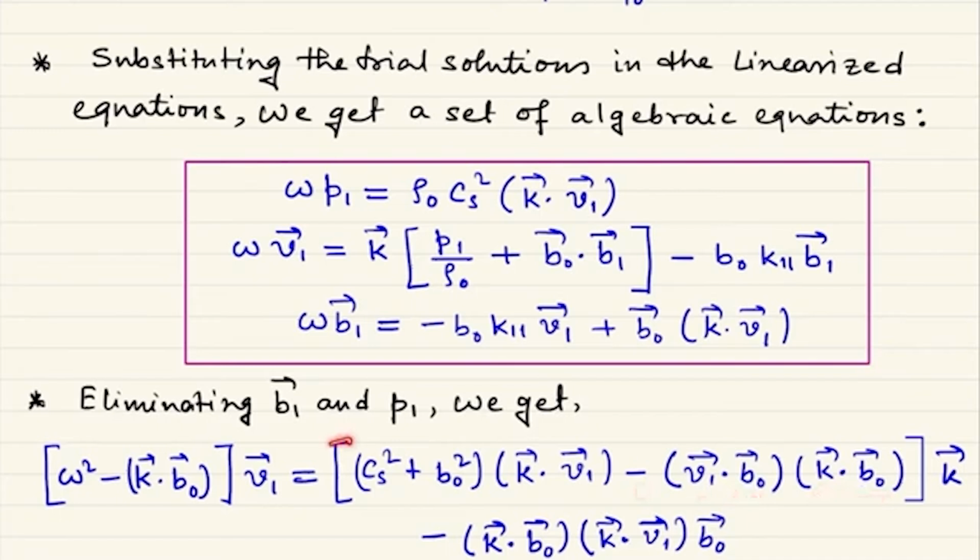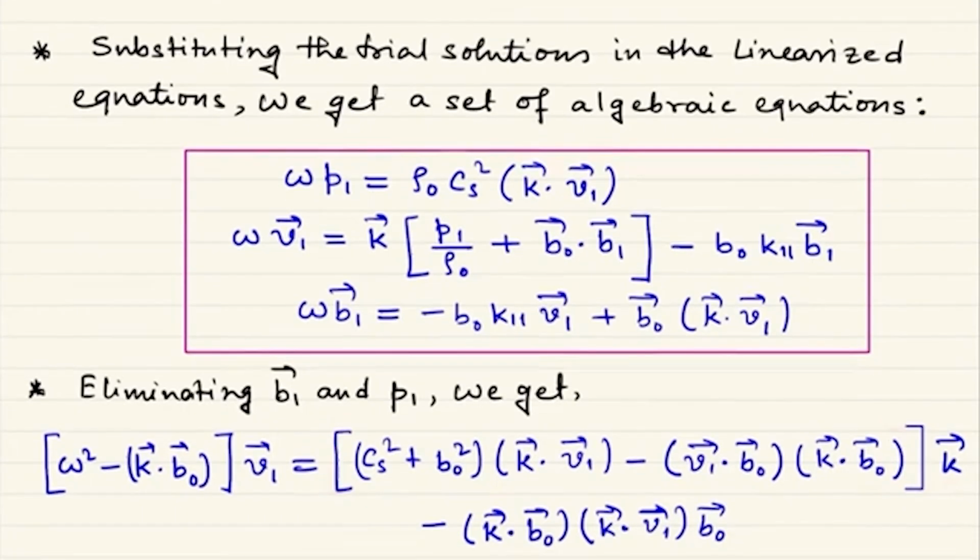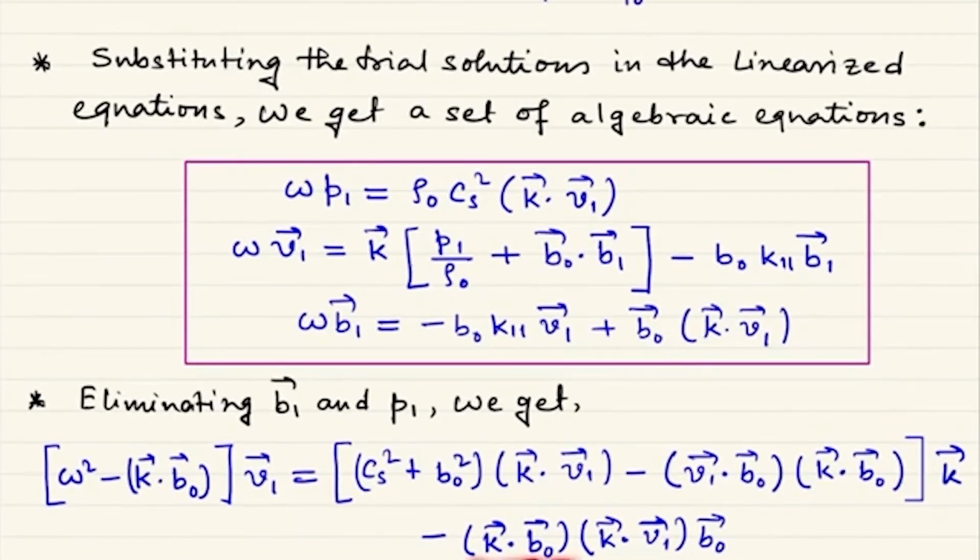Everything up to this total thing is multiplied with k vector minus k dot B0 times k dot v1 times B0. So this is the whole thing where you cannot see P1, you cannot see B1, the only variable is v1.